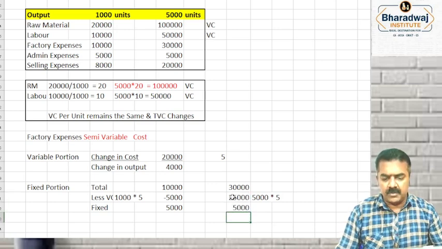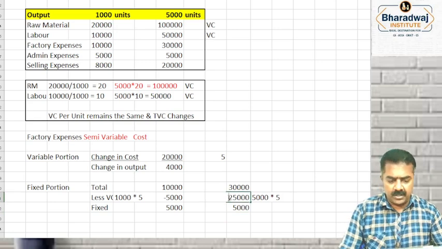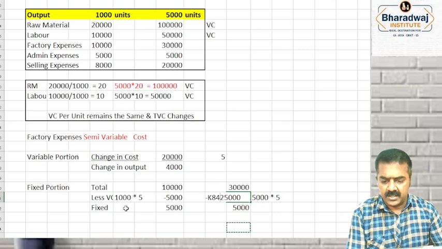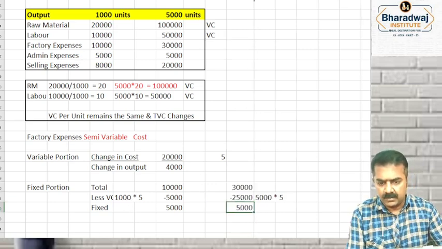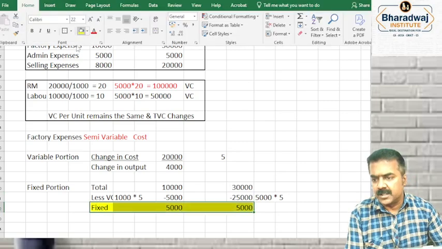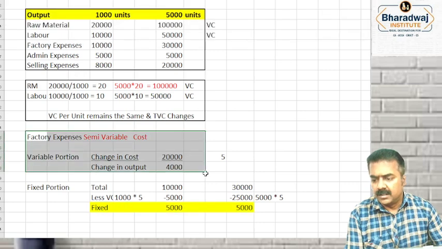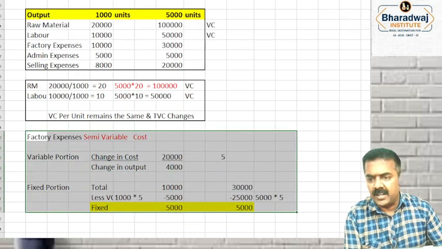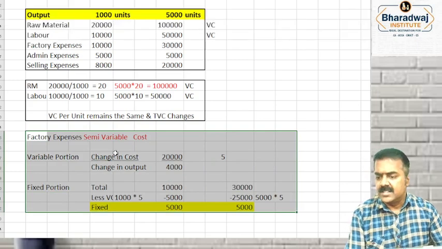The balance 5,000 will be the fixed portion. Here you can find what cost changes. The variable portion changes. The fixed portion remains the same. So factory expenses is a semi-variable cost.